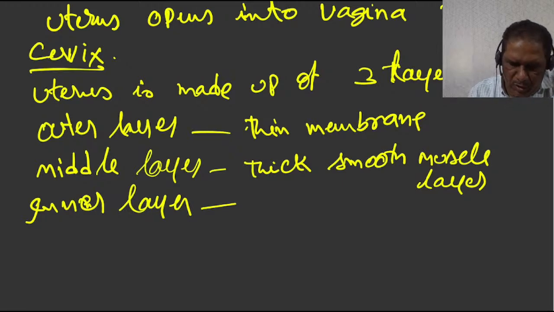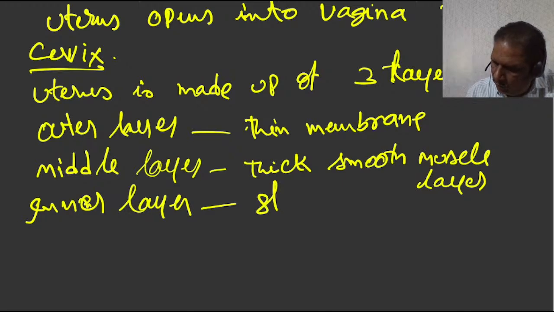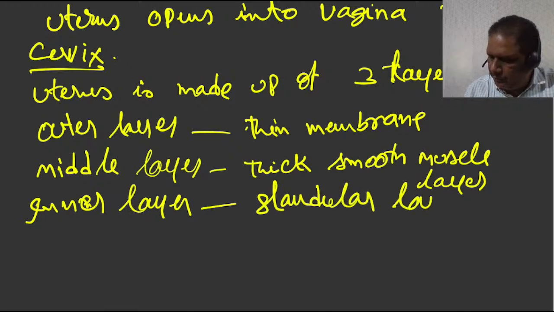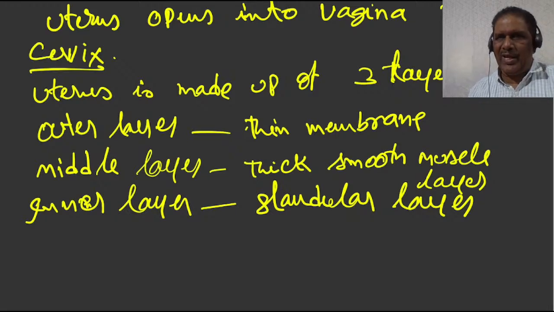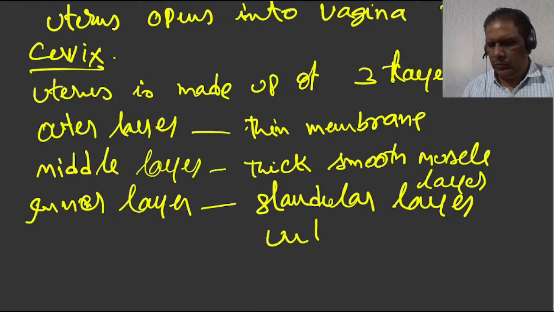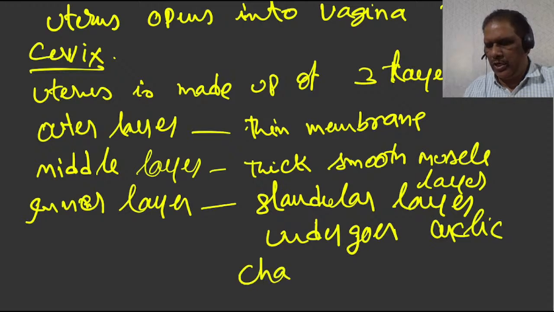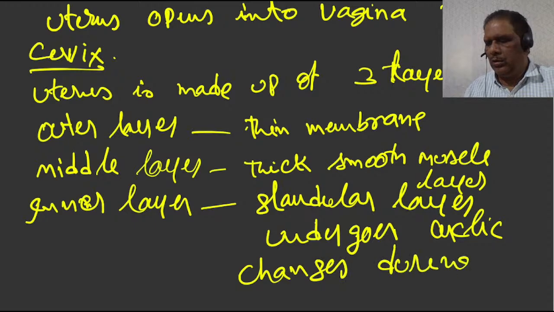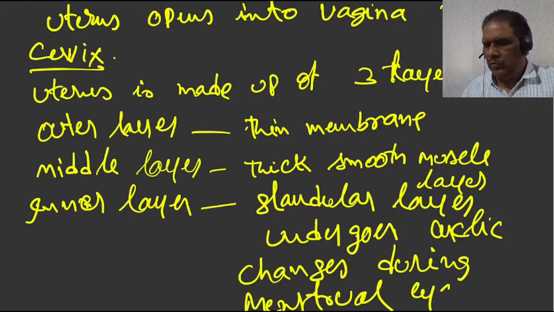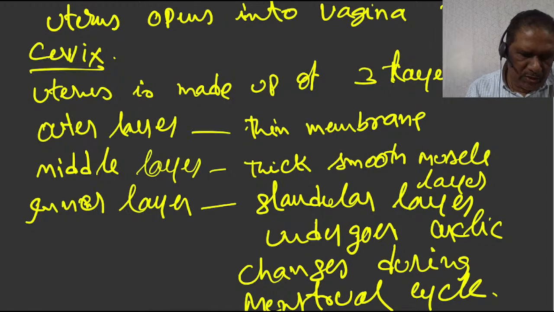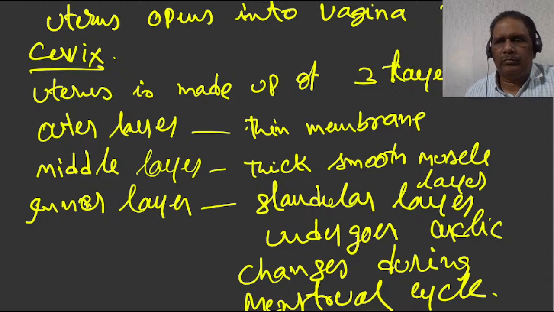The inner glandular layer undergoes cyclic changes during the menstrual cycle. That's all about the uterus.